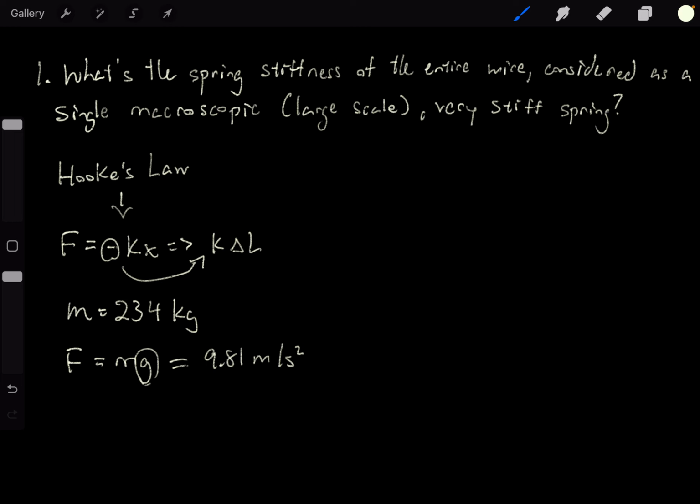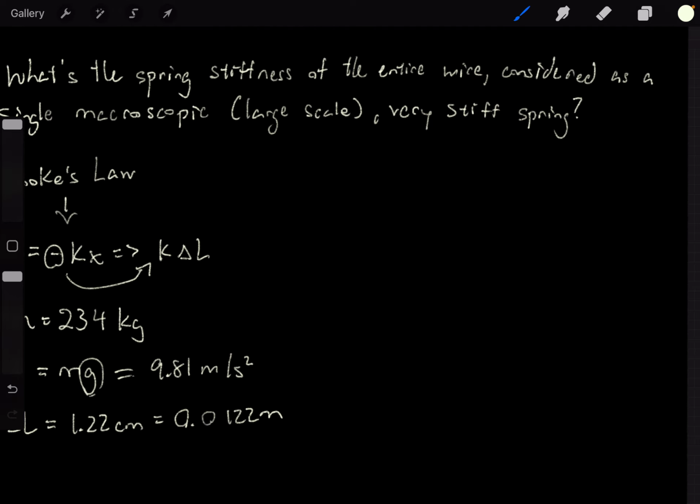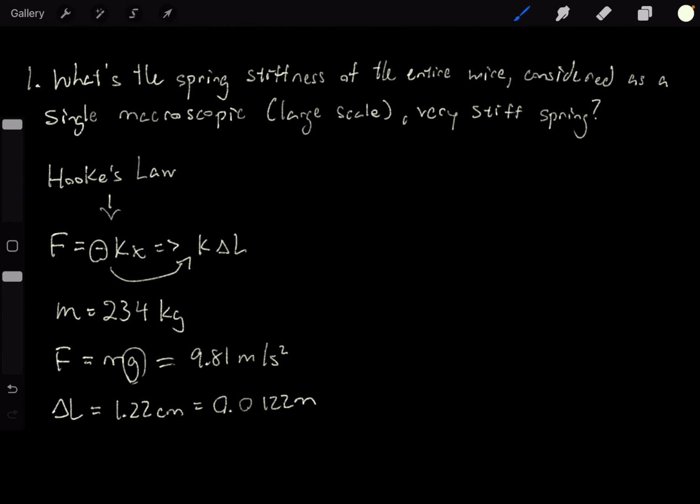And the extension delta L caused by this force is 1.22 centimeters. But remember, we want to keep it in SI units, standard physics units. So we're going to convert it to meters. So that's going to be 0.0122 meters.